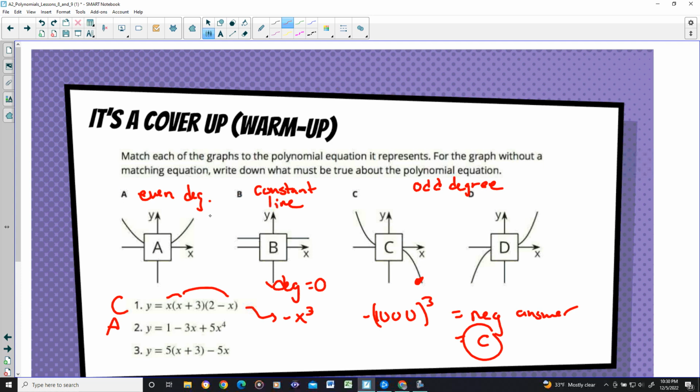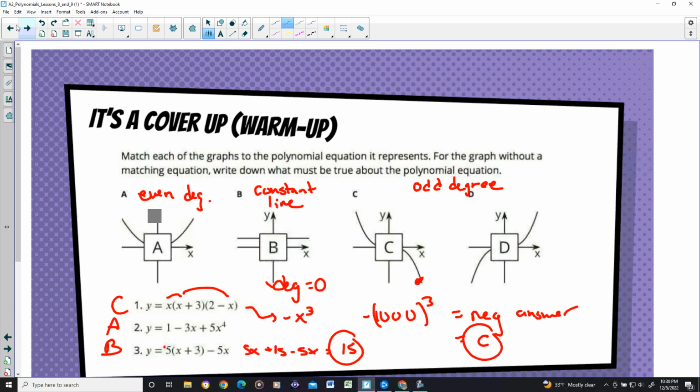Okay, that matches. What about this one? 5(x plus 3) minus 5x. Well, if I distribute that, I get 5x plus 15 minus 5x, which is just 15. And that's just a constant, so that must be B. Interesting.